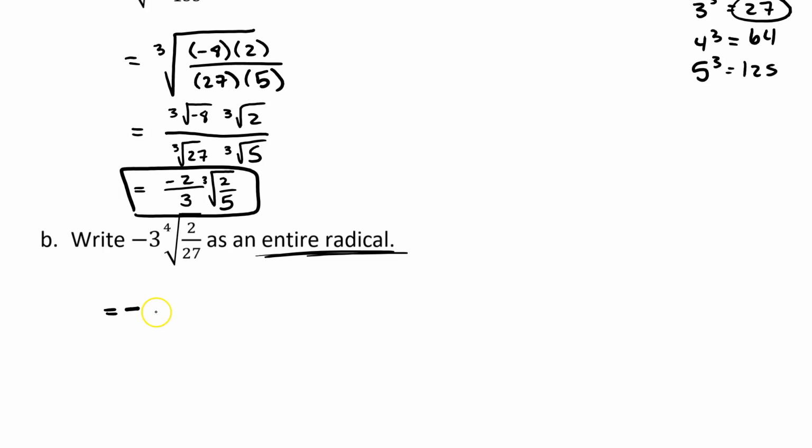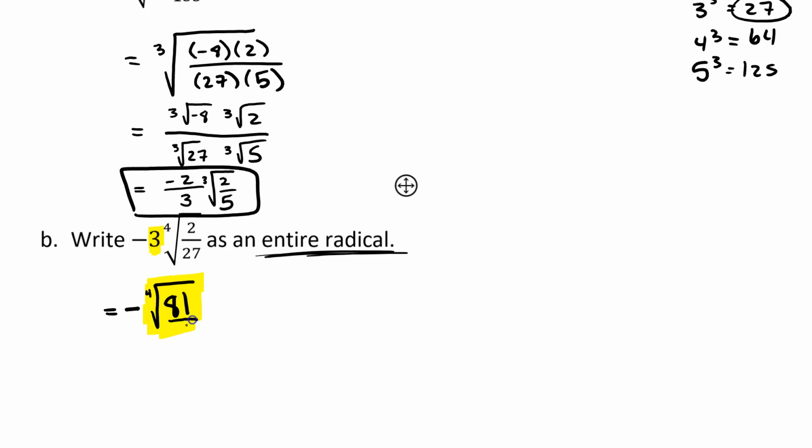So in order to get the 3 into the same form as this fourth root, I'm going to ask, what to the fourth root is 3? Well, 3 to the power of 4 is 81. So 3 and the fourth root of 81 are the exact same value.